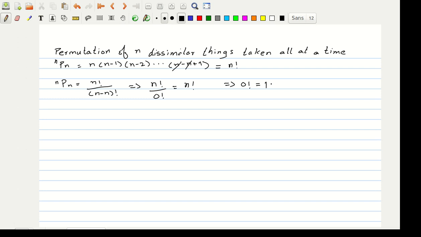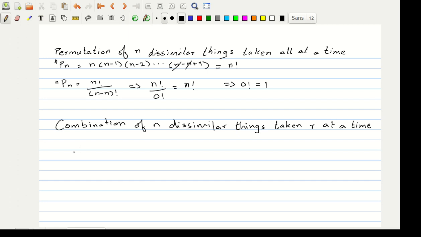Now once we have derived the formula for permutation, let us also think about combination. Let us talk about combination of n dissimilar things taken r at a time, right?